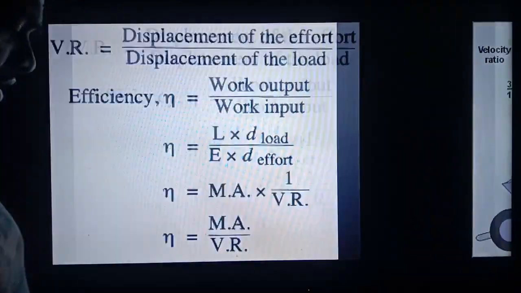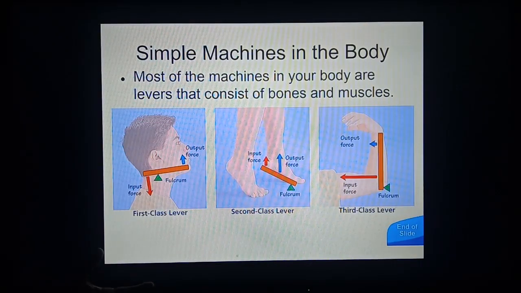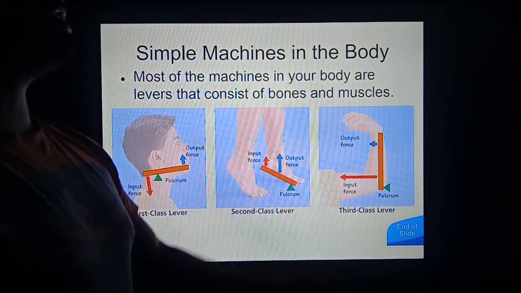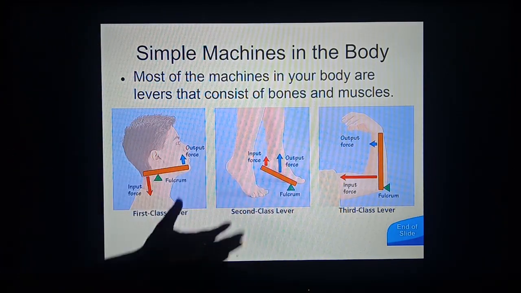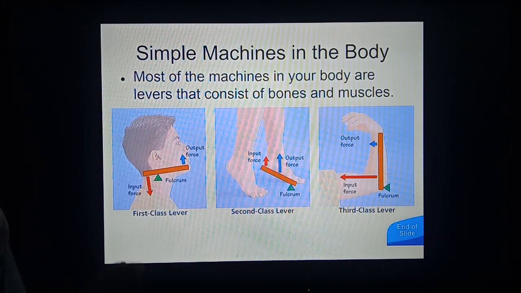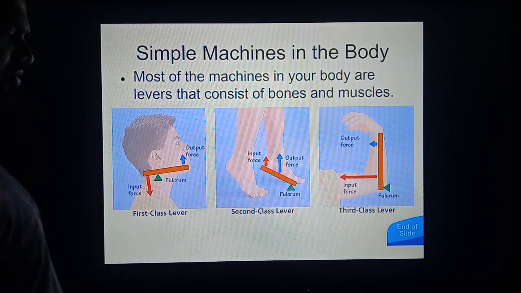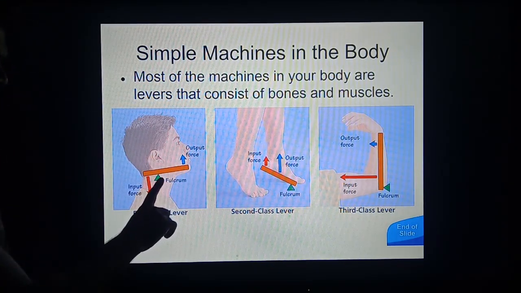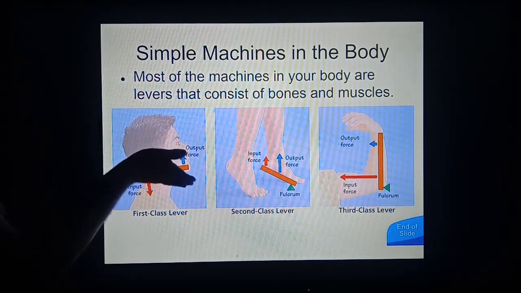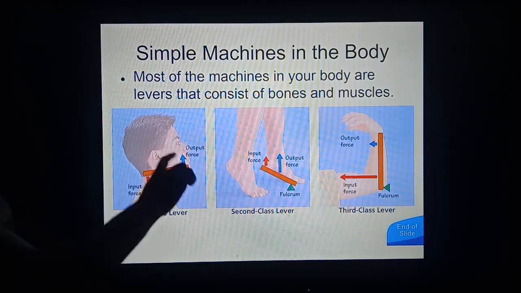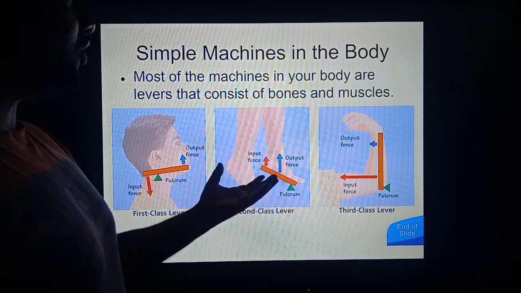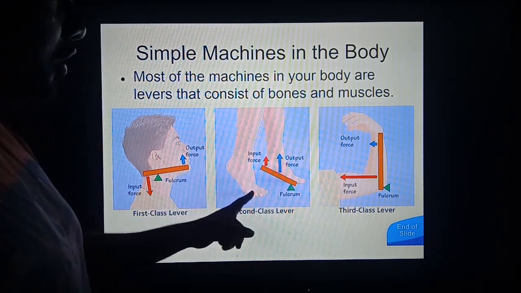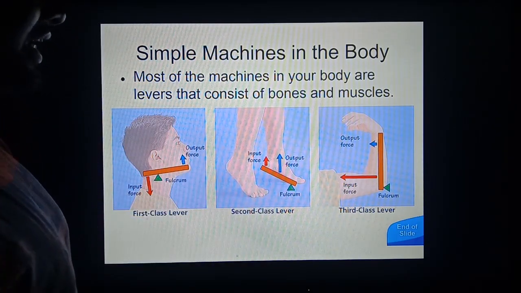Now see how the three types of lever are in the human body. Simple machine in the body. Learn it because they may ask in the paper. Nodding of head is first class of lever. This is fulcrum, this is input force, this is load. Raising the weight of the body on your toes is second class of lever.